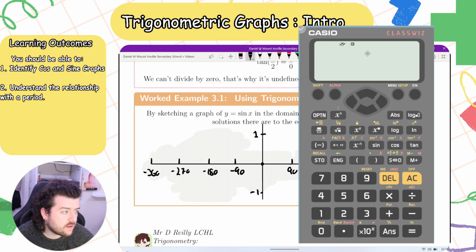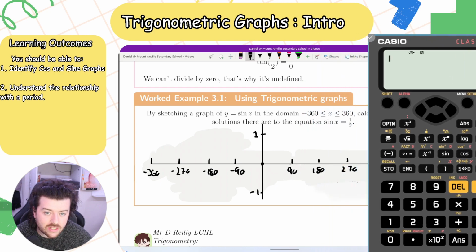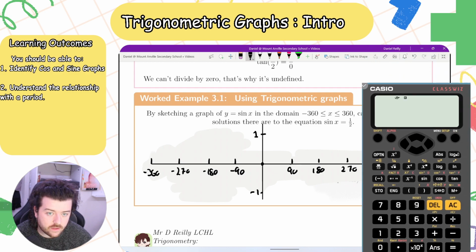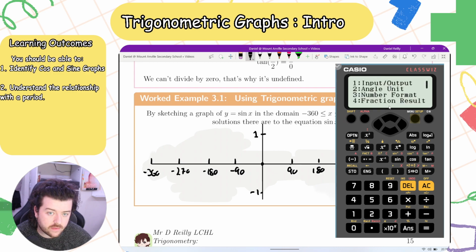That means this calculator is in radians, but I'm not dealing with radians at the moment. I'm dealing with degrees, minus 360 to 360. So first I need to change my calculator. We click Shift, setup, angle unit, degrees. Now we can start plotting.